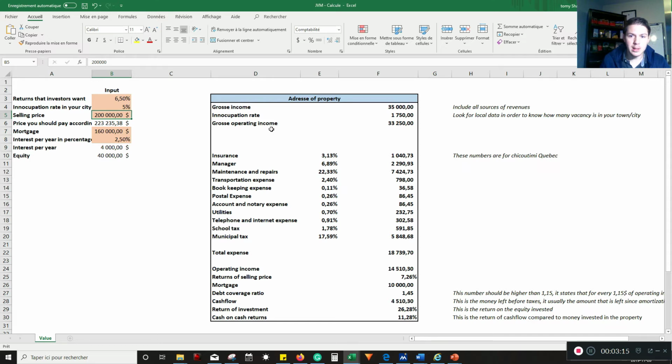So it's better to include more expenses, to put it a little bit higher, and to not forget to put your vacancy rate, because this is going to increase the value of the property that you should pay. Let's just look, for example, I put 0%. This just made the price you should pay according to your criteria higher. Let's look. It's 234,000, so you just saved $11,000 by putting the right vacancy rate. So it's really important not to manipulate the numbers. Let's say we put 0 here, okay?